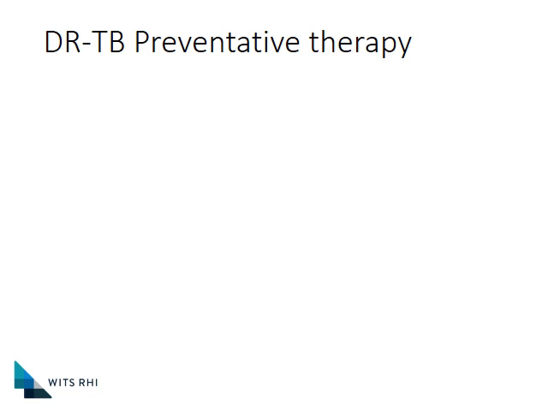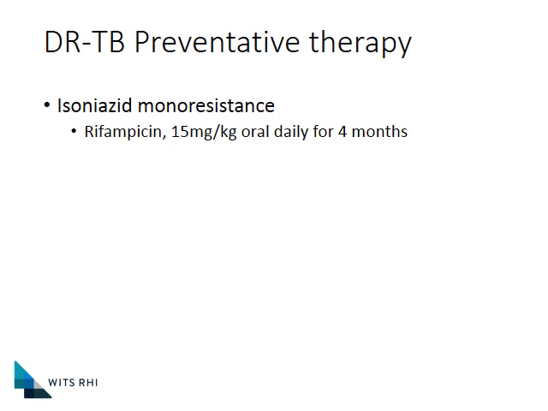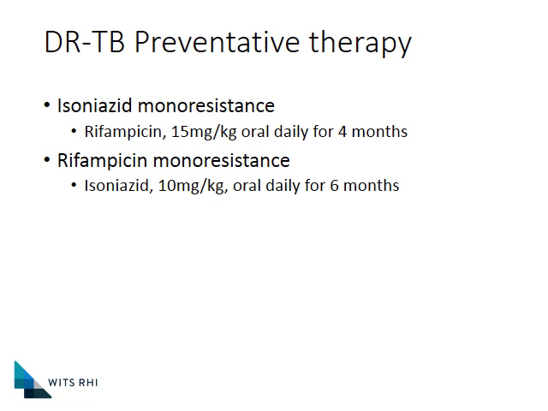So this is at the moment best practice that we are using in the Eastern Cape under Dr. Lochin at Frere Hospital. Please do discuss if you see children who are contacts of people with DRTB. If the contact has isoniazid monoresistance, we would actually use rifampicin in those children, 15 milligrams per kilo.